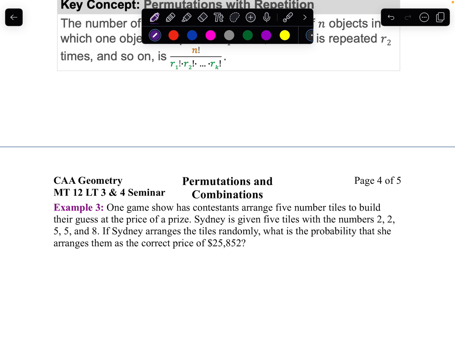So, first off, I'm going to look at my sample space. She's picking 5 tiles. So that's 5 times 4 times 3 times 2 times 1. That's all the different ways she could arrange those tiles.